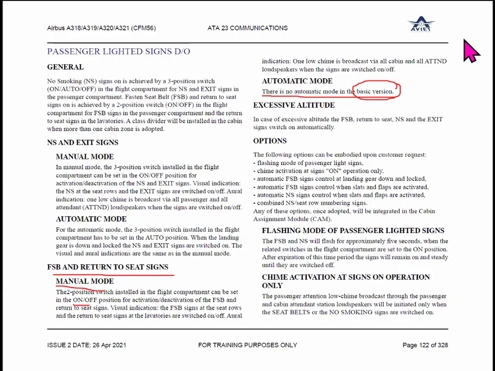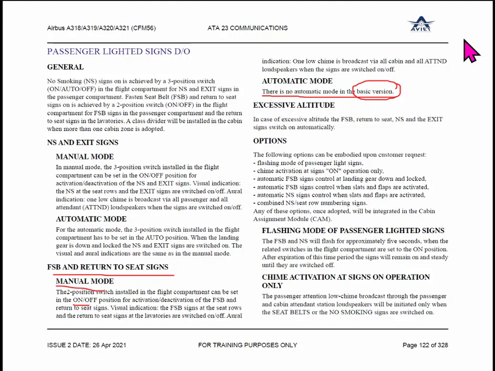The condition is if the aircraft is not in the clean configuration, it means any moment your slat and flap is deployed, generally that happens during takeoff and landing time, this will be on automatically.